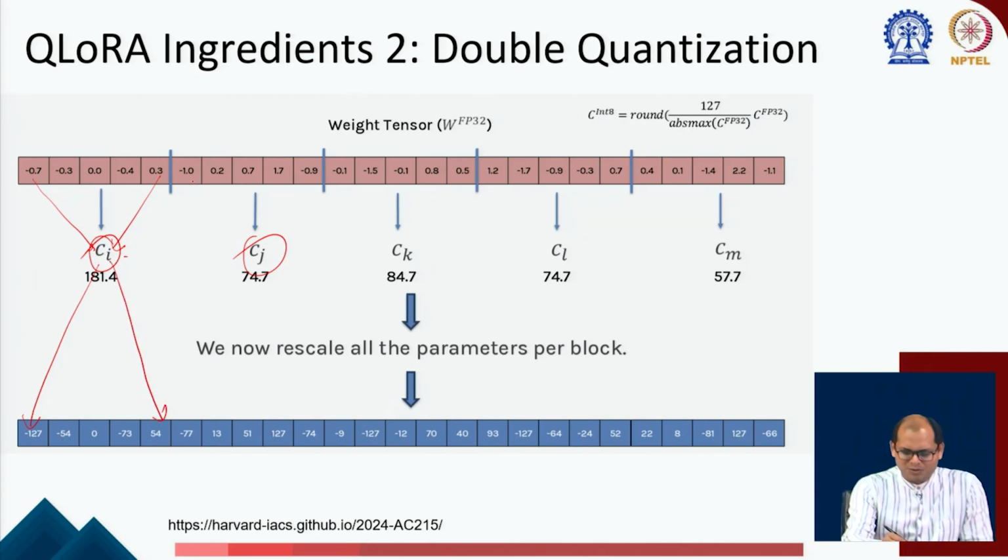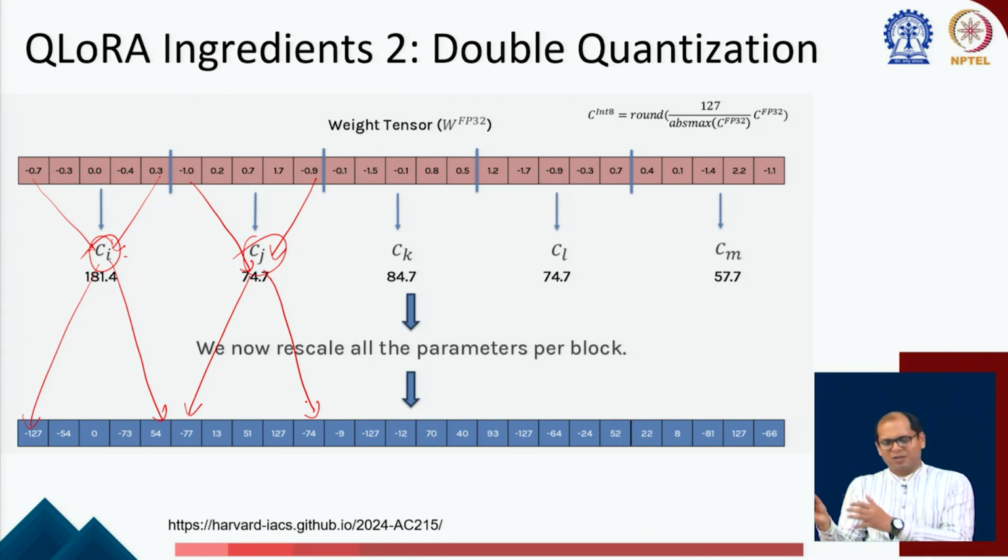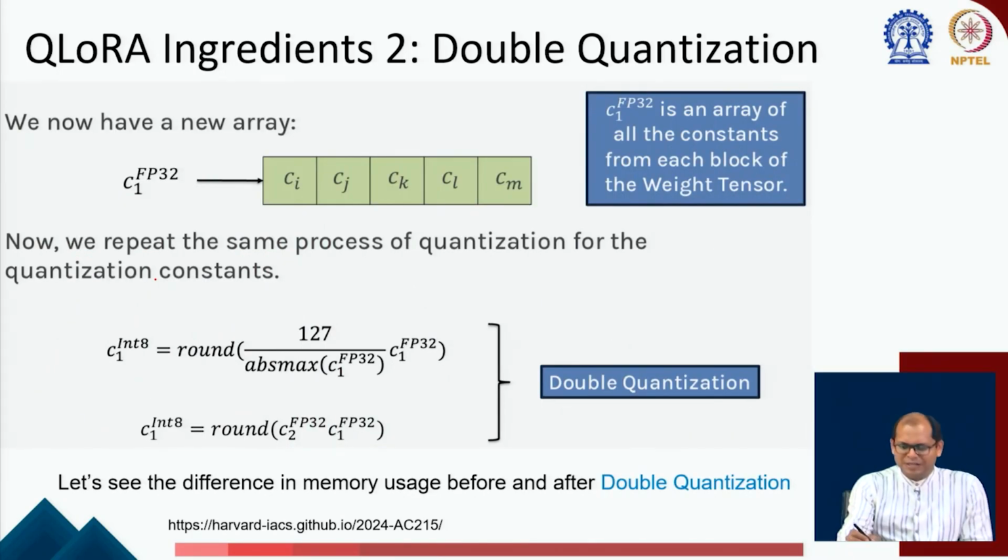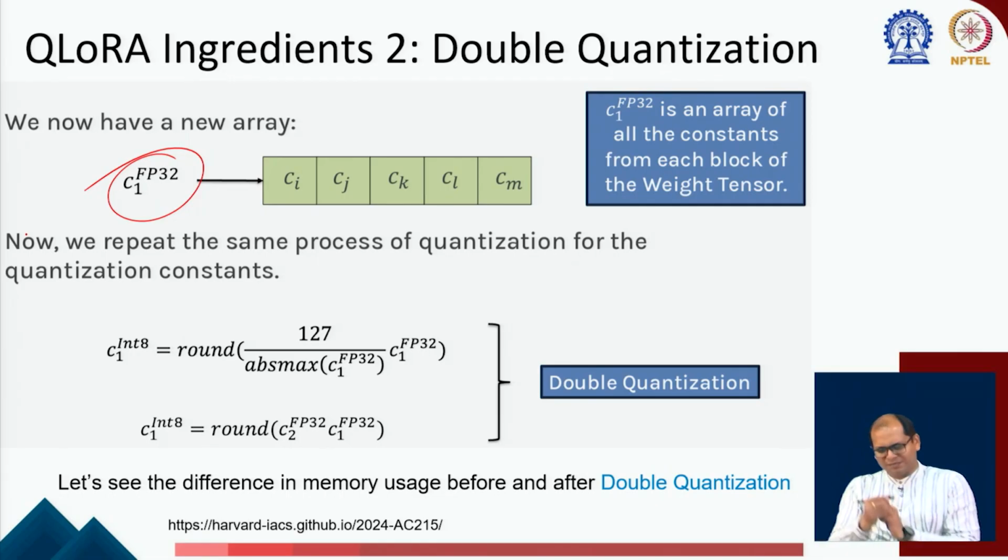And similarly, this will use this constant to store. It is blockwise, and they are independent across blocks. So you see the constants are different across blocks. Okay, so you rescale all the parameters per block, and then you have a new array of FP32 values of these constants, right?